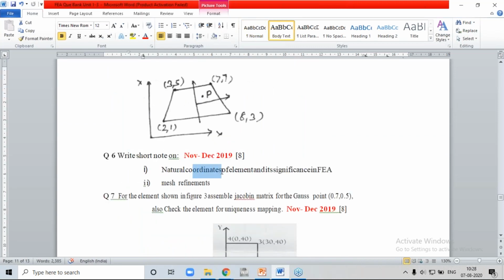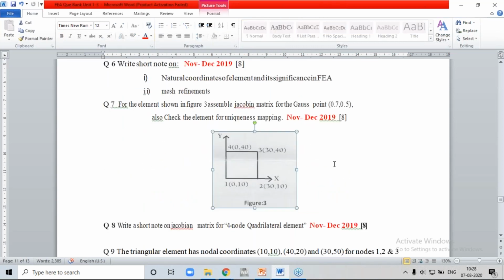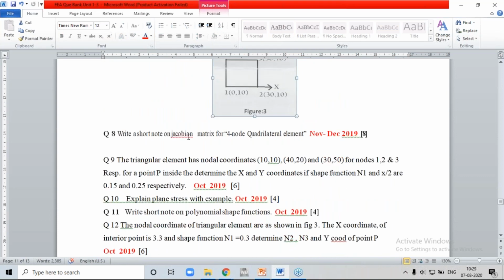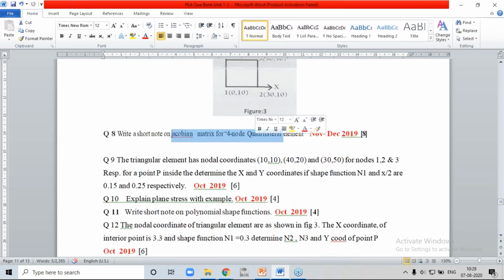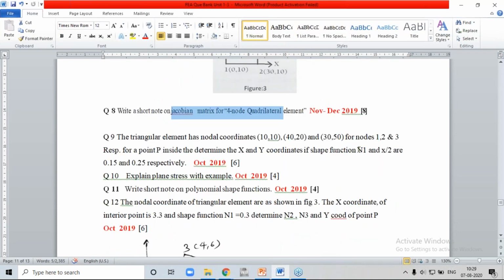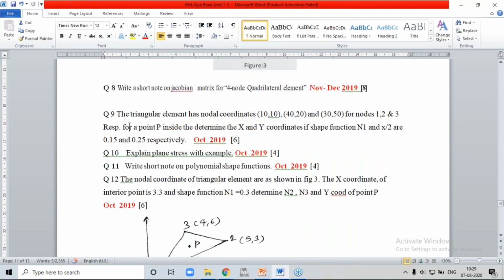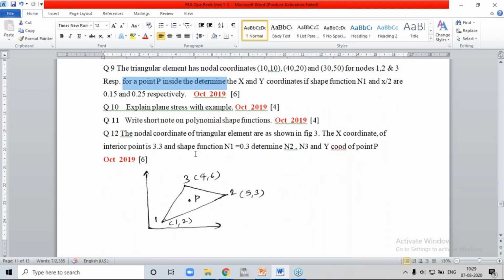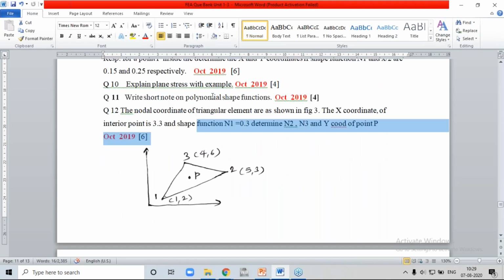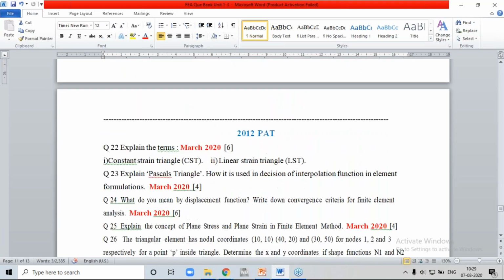Then this is based on coordinate system. Then you know mesh refinement. This is also on shape function. This is a theoretical question based on formulation of the element stiffness matrix. Then this is also on shape function. This is also on shape function. This is theoretical on shape function.